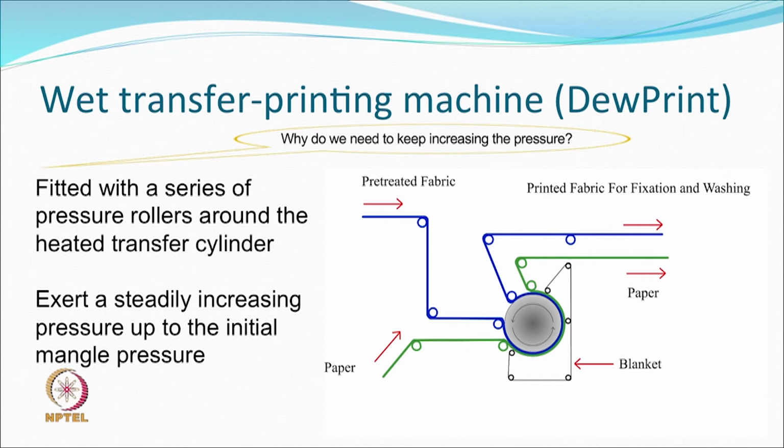Why do we need to keep increasing the pressure? Right. Initially, when the material goes, you allow some water to get heated, some steam to get generated, and then because the concentration of the dye on the paper is high, you expect the transfer will start taking place.